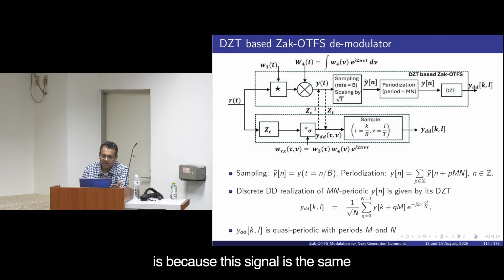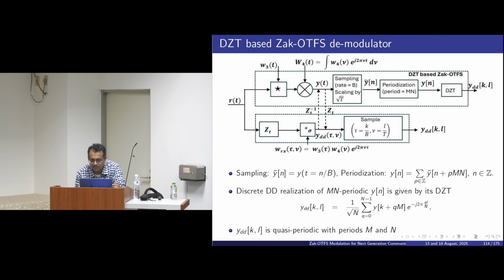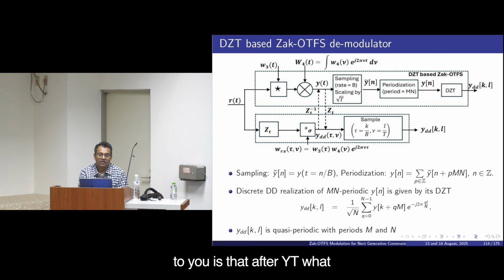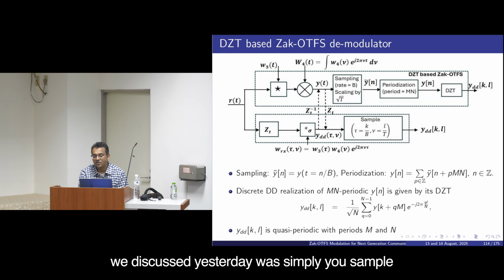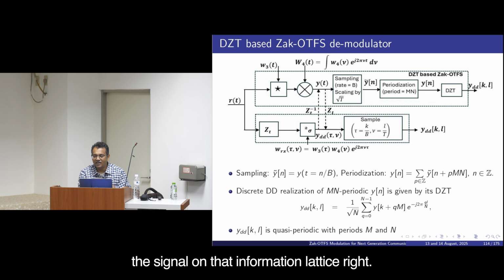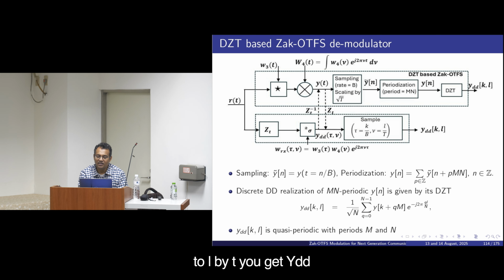That is because this signal is the same for both of them, the same r(t) is going here and the same r(t) is here. Now, what I just want to show to you is that after y(t), what we discussed yesterday was simply you sample this signal on that information lattice. So, when you sample at tau equal to k by B, nu equal to l by T, you get y_DD[k,l].